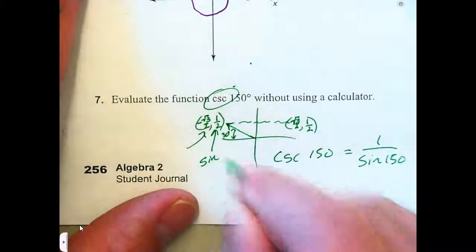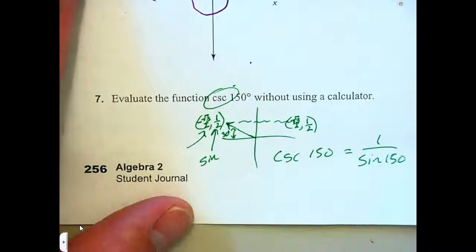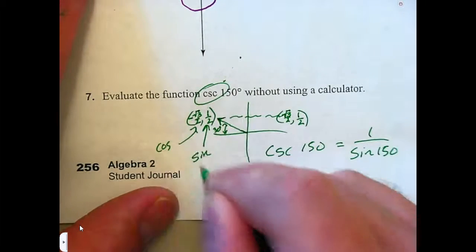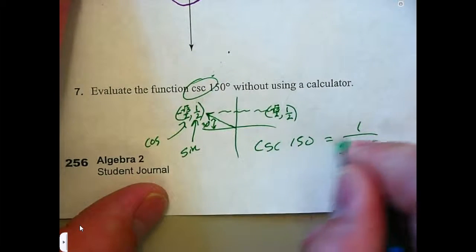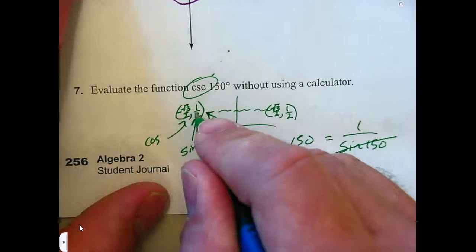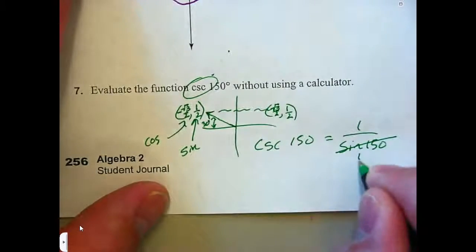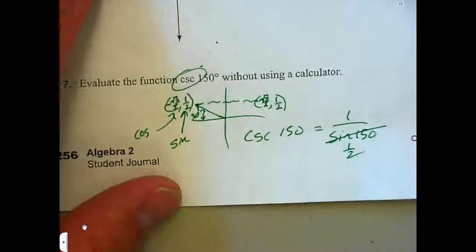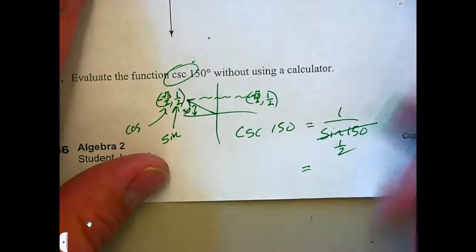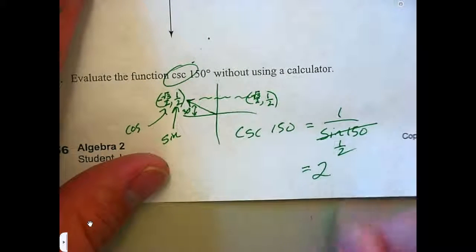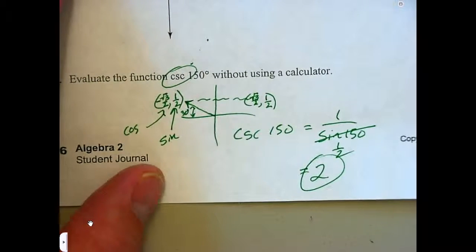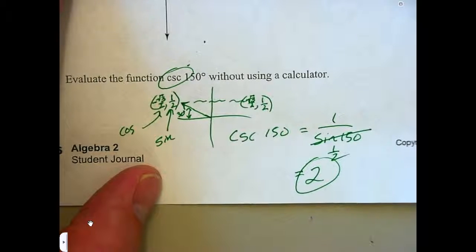Y. That's sine. This one's cosine, remember. So I can replace cosecant 150 with 1 over sine 150, and we know sine 150 is 1/2. What is 1 over 1/2? What's 1 divided by 1/2? How many halves in 1? 2. Value is 2. That is the exact value.